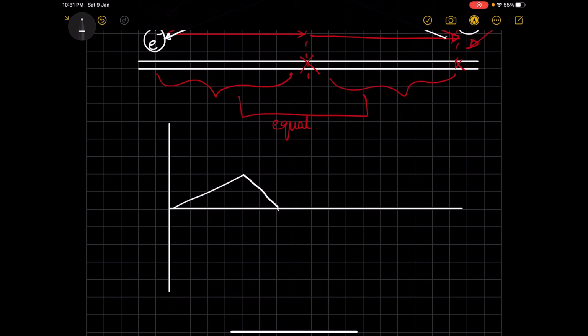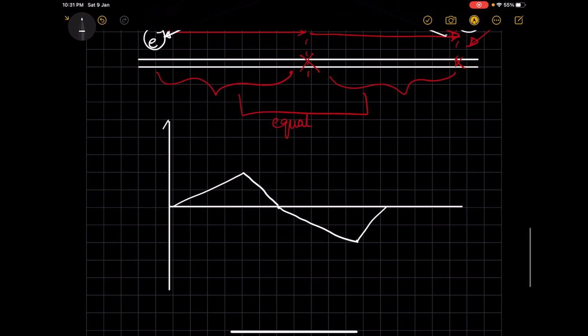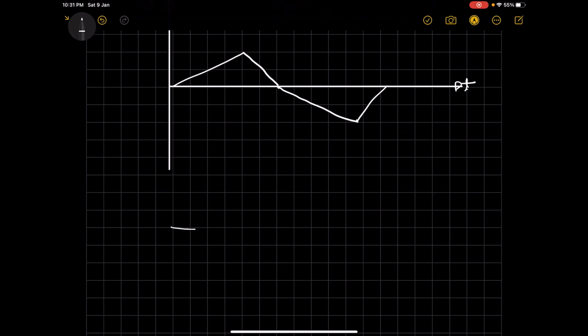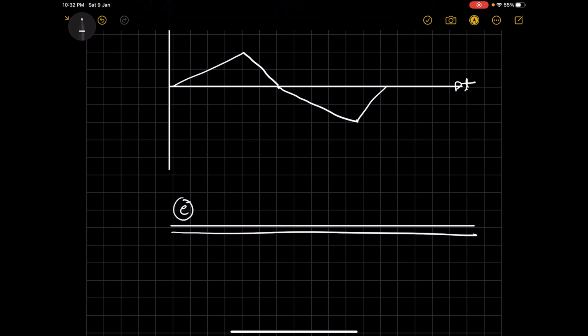Assume this is the given AC signal, and this thing keeps on repeating infinitely, and this is velocity versus time. Let's see how the electrons move now. This is the conductor, this is the electron here, and as previously we can take this as T1, this is T2, this point is T3, this point is T4.